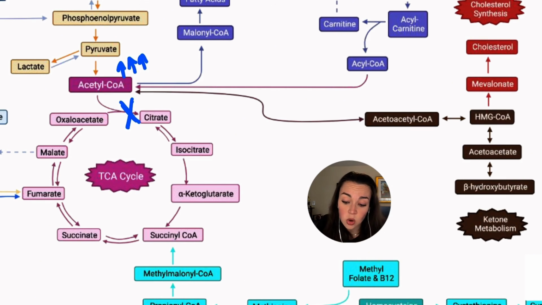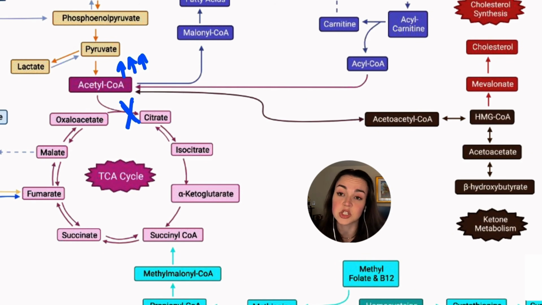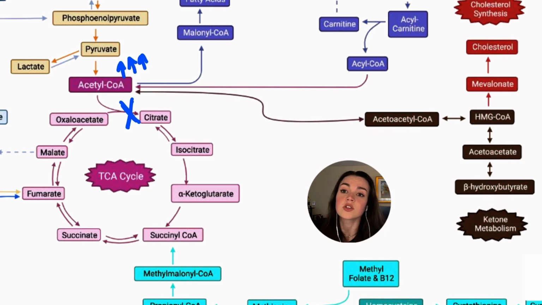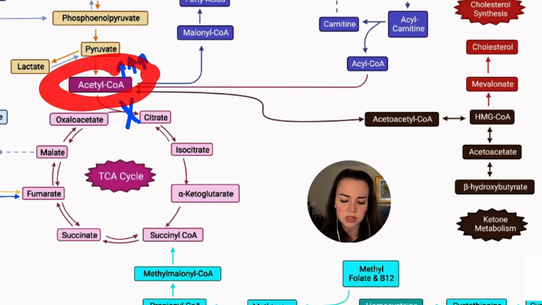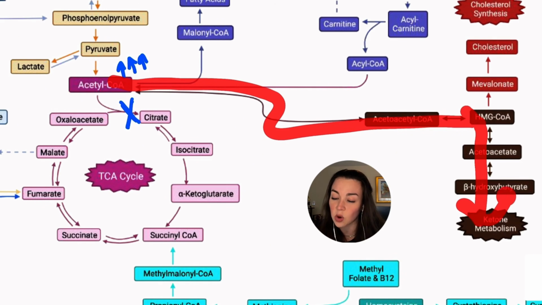If we can't go around the TCA cycle, that acetyl-CoA is going to have to take a detour down into ketone metabolism and form ketones. So not only did we form that acetate, which is a ketone, but because we shut down the TCA cycle and caused a buildup of acetyl-CoA, that led to alcoholic ketoacidosis.